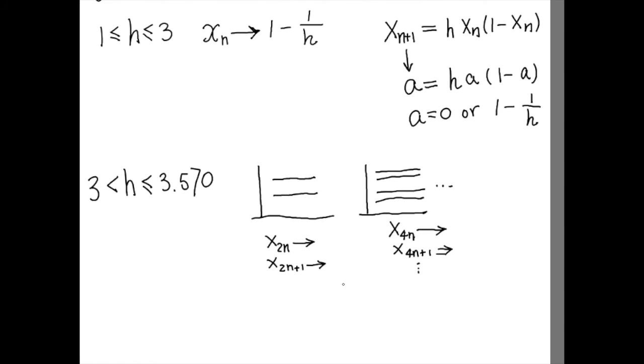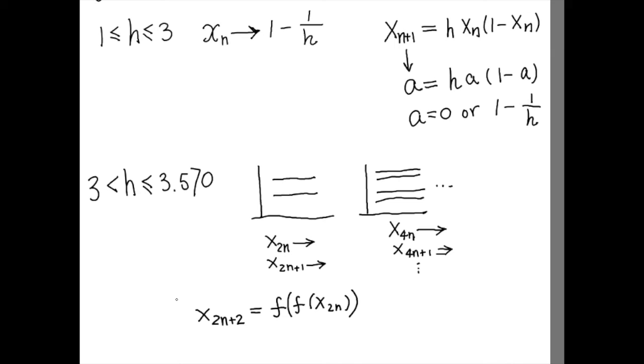This corresponds to the even sequence going to a limit, and the odd sequence going to a limit. Here, it corresponds to a subsequence that goes to a limit. And how do we calculate this limit?